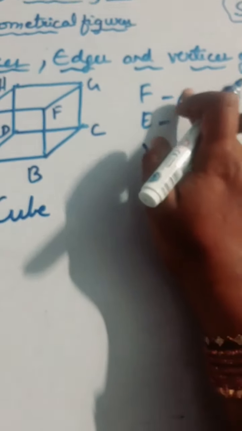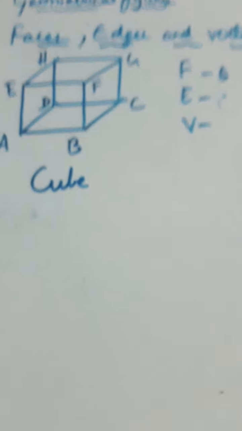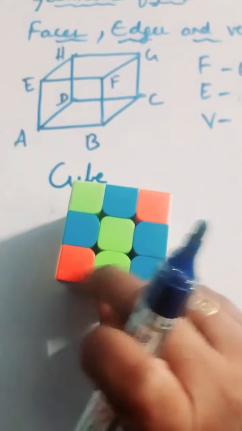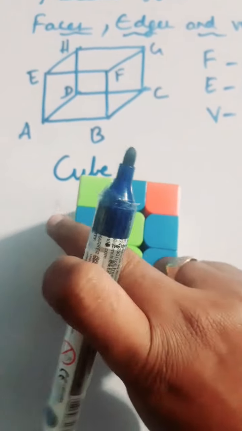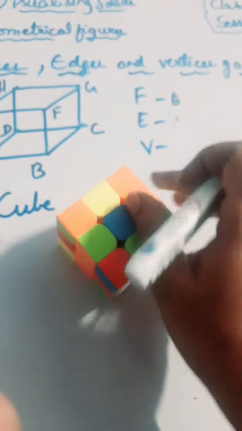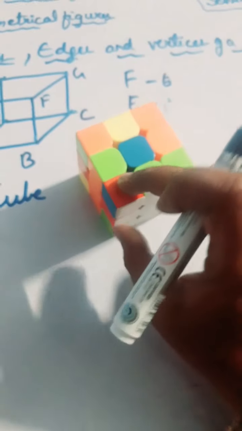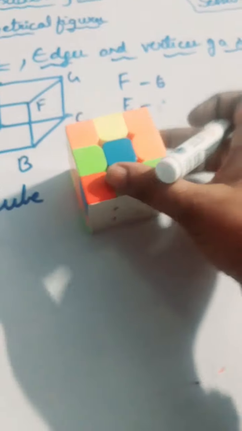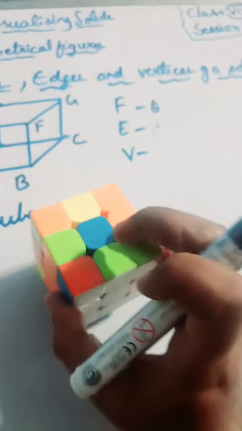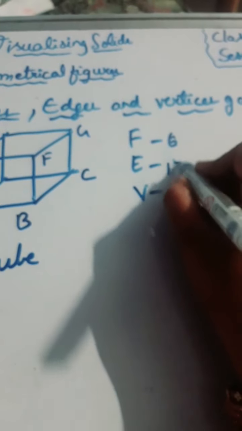And how many edges does it have? If you count the upper surface, 1, 2, 3, 4, and the bottom one, you can see there are 4 edges, 1, 2, 3, 4, and for the height, if you take 1, 2, 3 and 4. So in this way you have 4 threes are 12 edges for a cube, children.